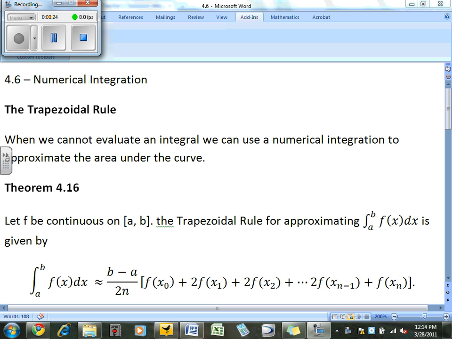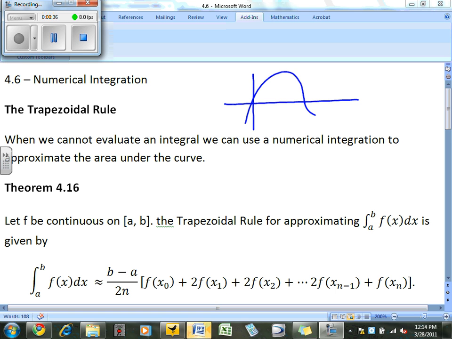And if you remember how we were first learning how to take integrals, we were doing the limit of a summation of some graph, right? And we're breaking it up into a bunch of squares and all that stuff. Well, with the trapezoidal rule, we're breaking it up into trapezoids, kind of. The first one's a little different, but here to here, it'd be like a trapezoid going like this, and so forth.